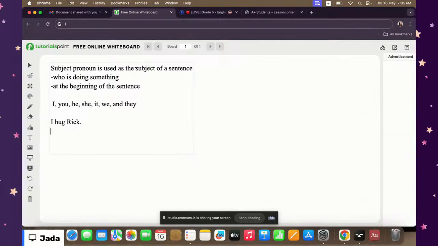You can also have, they are playing outside. It's also showing us they as the subject of the sentence. It tells you what they are doing outside, and it's at the beginning. It's always at the start.